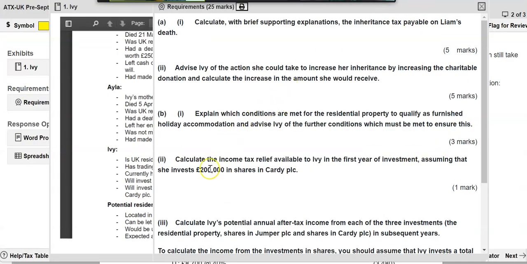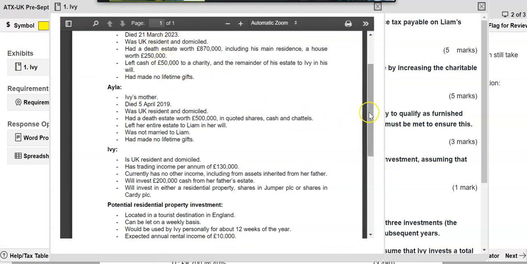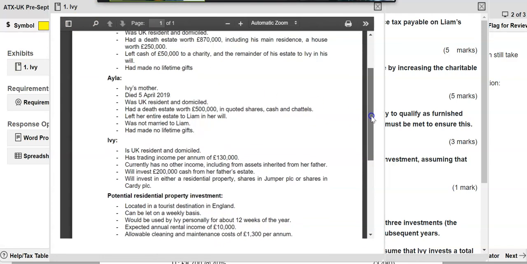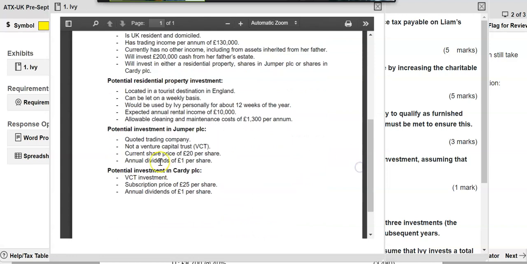So, yes. In requirement B2, it says to calculate the income tax relief available to Evie in the first year of investment, assuming that she invests £200,000 in shares in Cardi PLC. This is just 1 mark, so it would be very easy, but it relates to VCT. Okay, so here we have the Cardi investment.